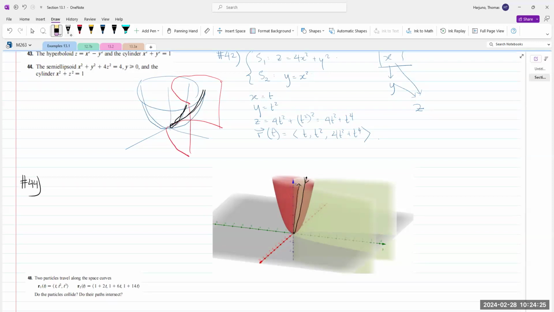Let's deal with the cylinder first. Okay, so our S1 will be x squared plus z squared equals 1. Because then it gives us x equals cosine t, and then z equals sine t, right? You see what I mean?